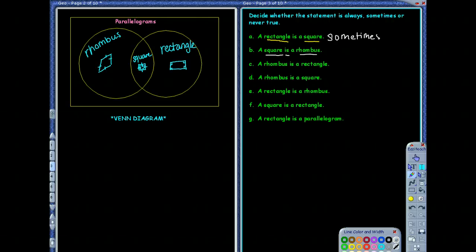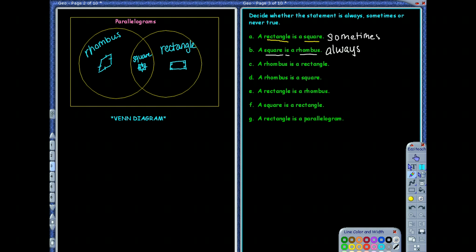And it always is going to be that case, because it's always going to have 4 congruent sides. There's no way that a square can be anything but. So a square is always a rhombus, and it's always a rectangle. You can't think of a counter example. If I think of a square, it's going to have 4 congruent sides.